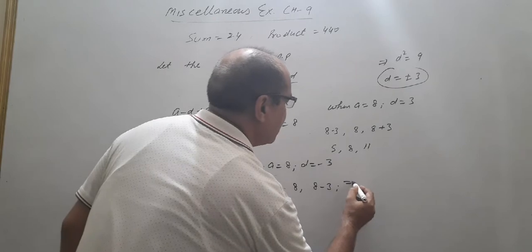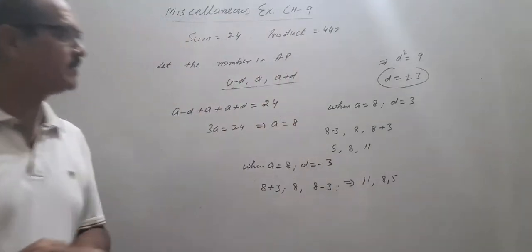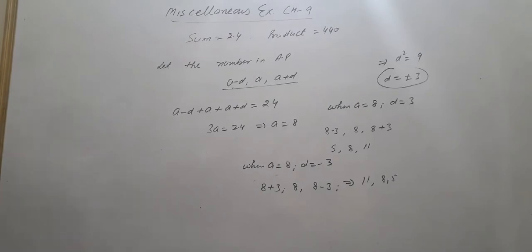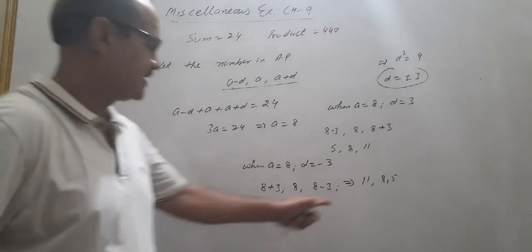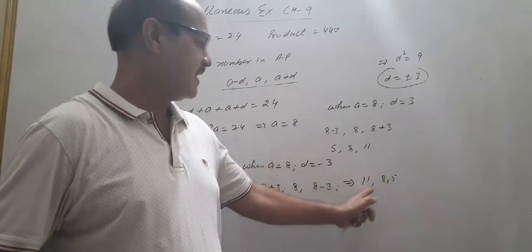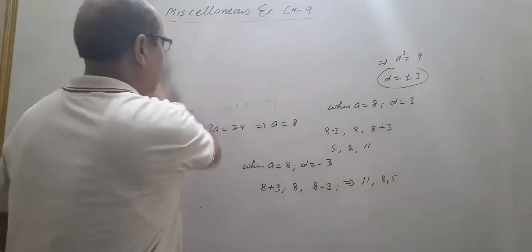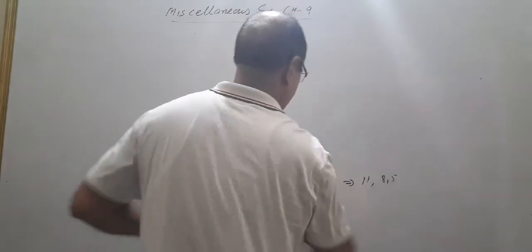So the numbers will be 11, 8 and 5. These are the three numbers whose sum is 24 and product is 440. You can see the sum is 5 plus 8 plus 11, that is 24, and the product is 11 into 5, 55, 55 into 8, that is equal to 440. So these are the numbers.